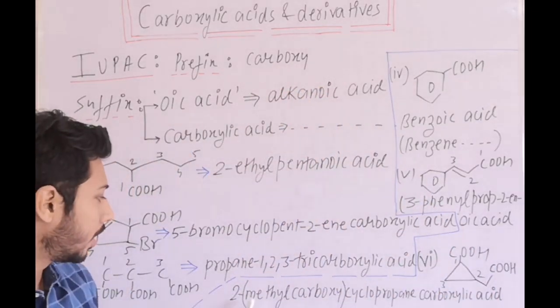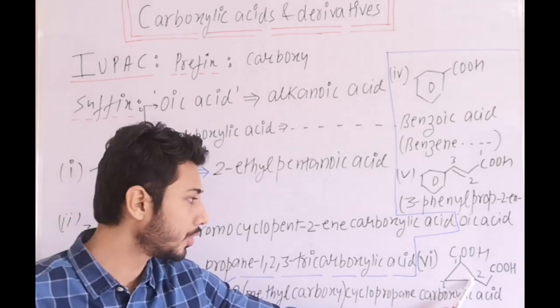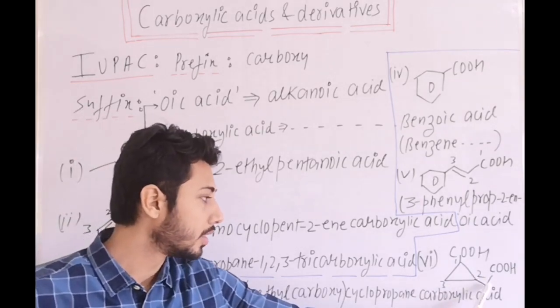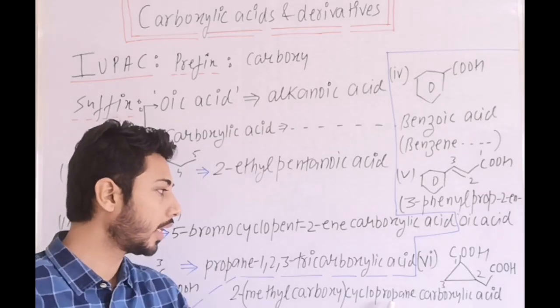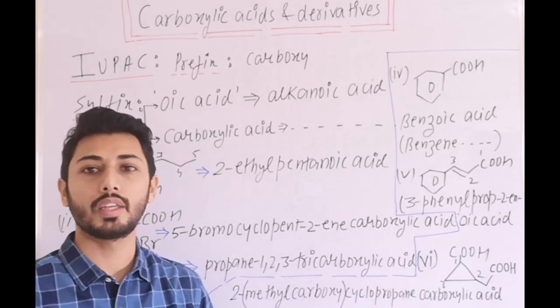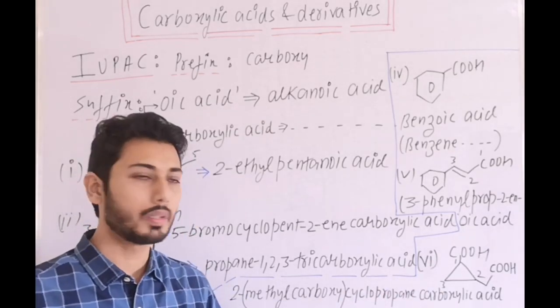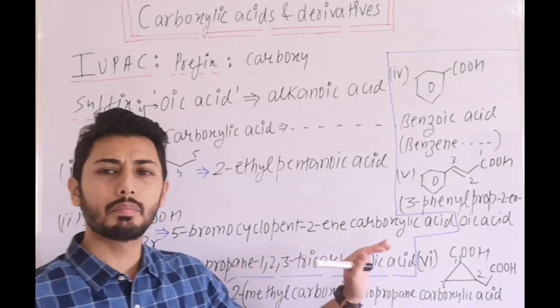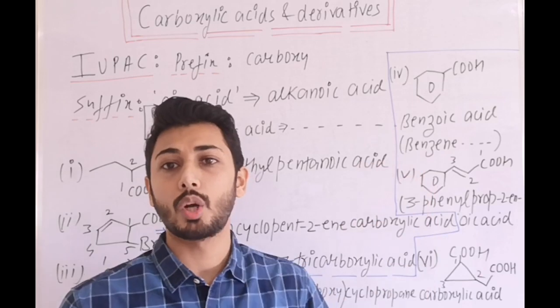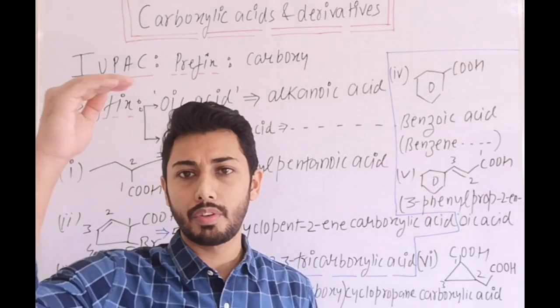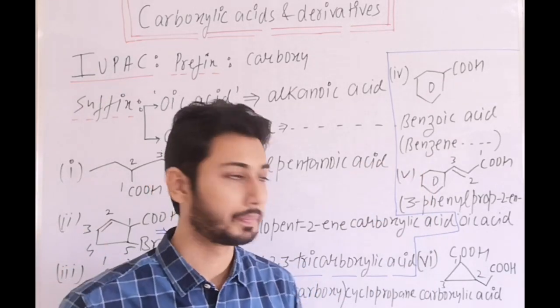At the second position in the parent chain, the substituent is carboxymethyl, so the name is 2-(carboxymethyl)cyclopropane carboxylic acid. Try these examples again. These are few examples, so if you want, you can revise them in detail in the previous topic of nomenclature where all functional groups are covered.